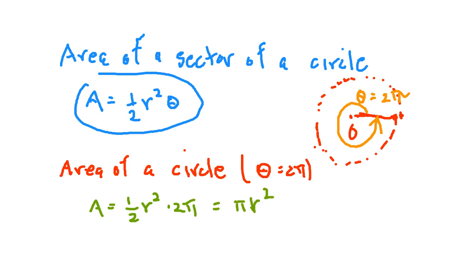Everybody knows the area of a circle is pi r squared, and this just shows you how the formula works. If you had half the area of a circle, you'd have 1/2 pi r squared. That might make you feel a little more comfortable about that formula.